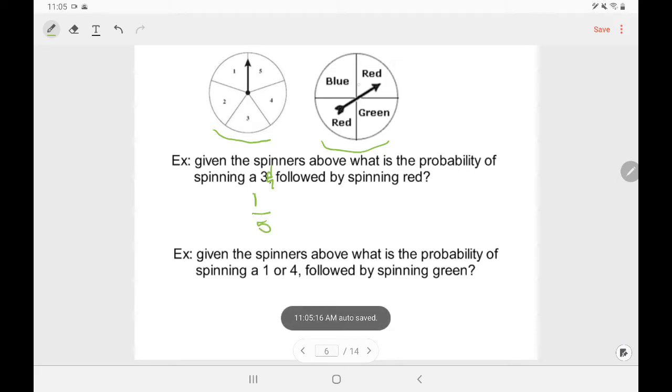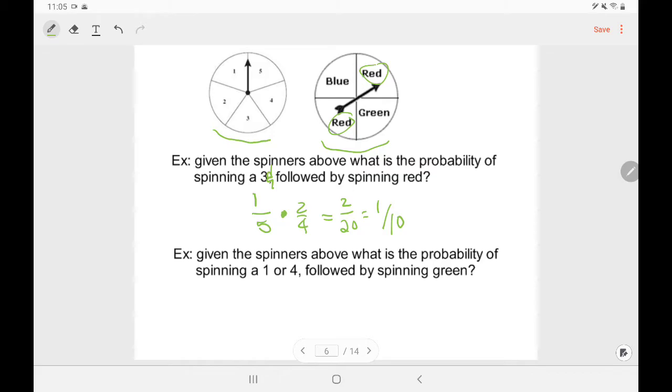What's the probability of getting a red? Well, there are 2 red options that I can see, so 2 out of 4. I'm going to multiply those probabilities together. That is 2 out of 20, which simplifies to 1/10. Now I can simplify the fraction 1/2 first, but I don't really need to.